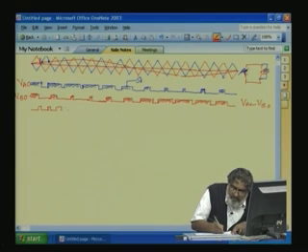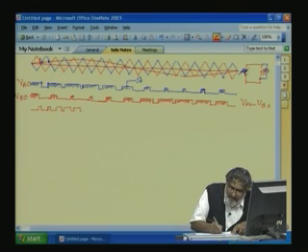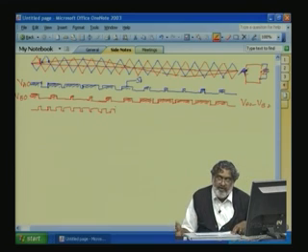So, these types of pulses appear across the waveform. The height of this one will be VDC, whereas previously it was VDC by 2.